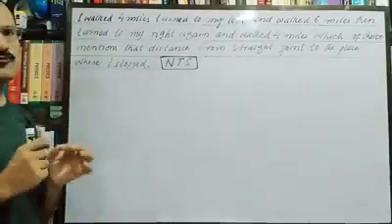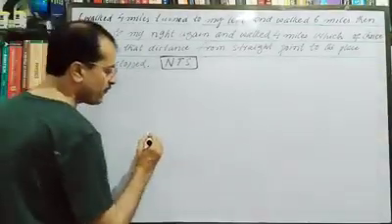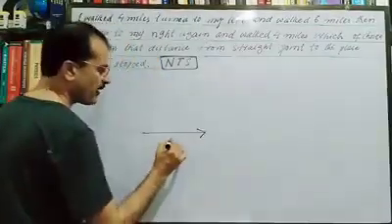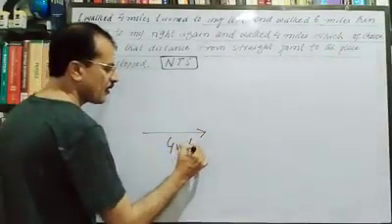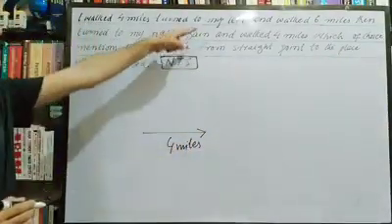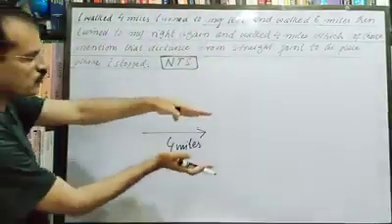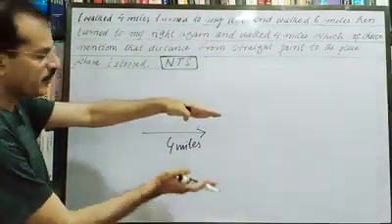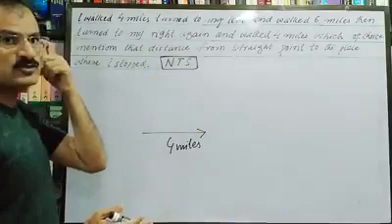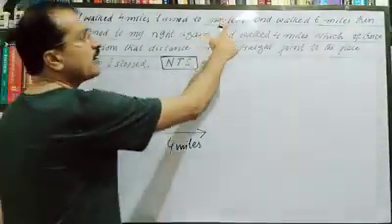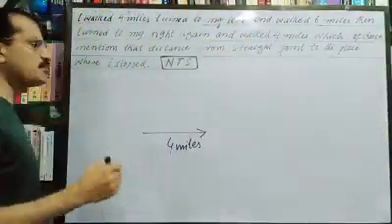I walked 4 miles in some direction. Then turn to my left. My left, as you know, this one is the right side, my right side, and this one is actually the left side. Turn to my left and walked 6 miles.